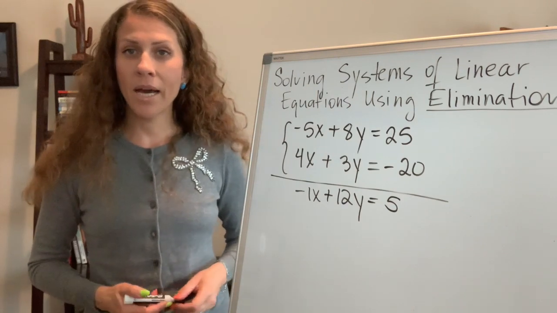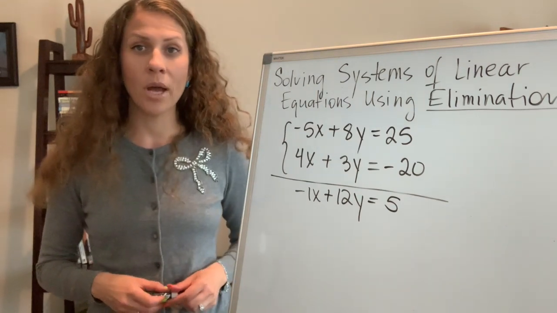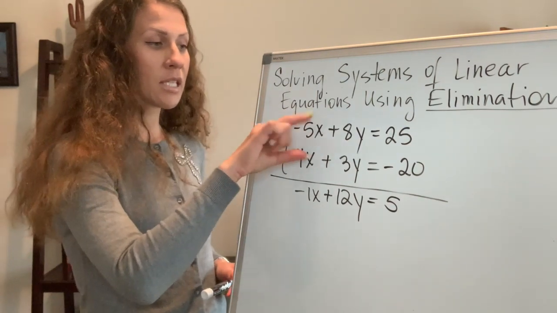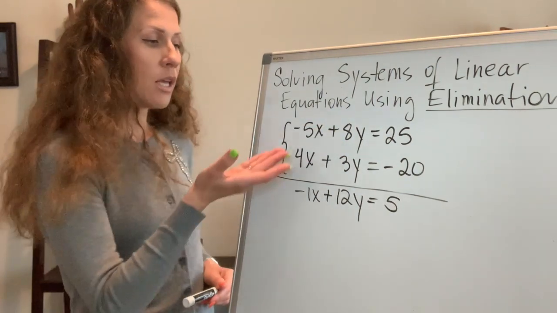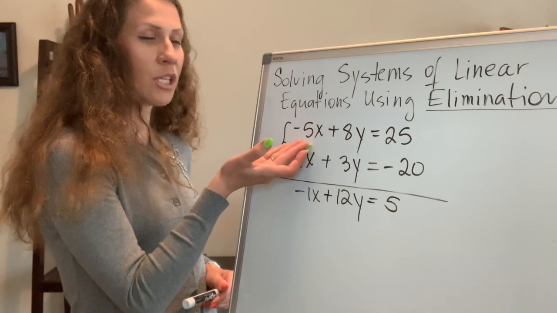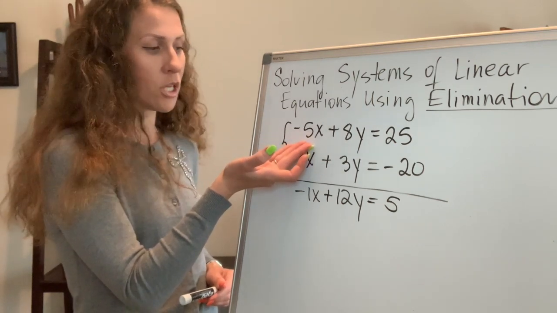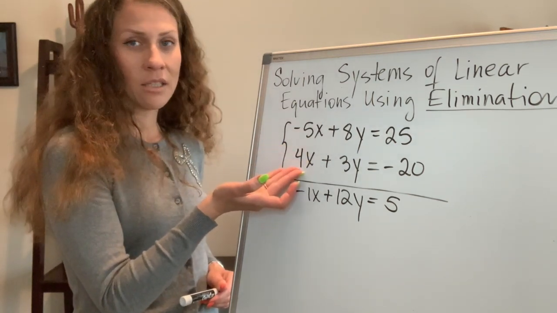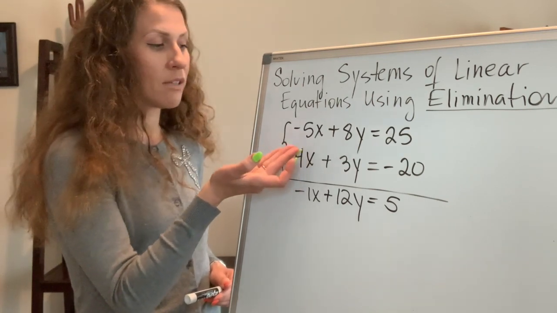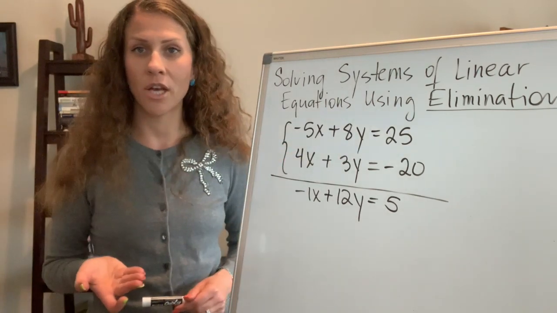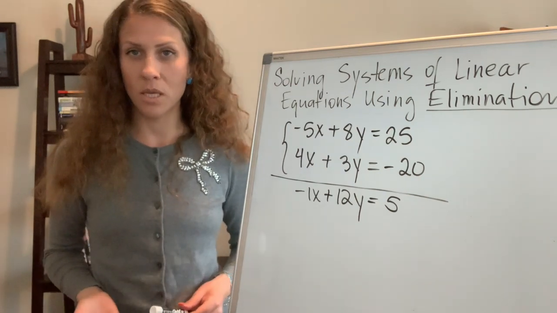The idea behind elimination is that when you are adding either x's or y's, they will cancel each other out. For example, if -5 is next to x in the first equation, and hypothetically, if you had a +5 next to x in the second equation, then the -5 and the +5 would cancel each other out. And that's not the case with this system.